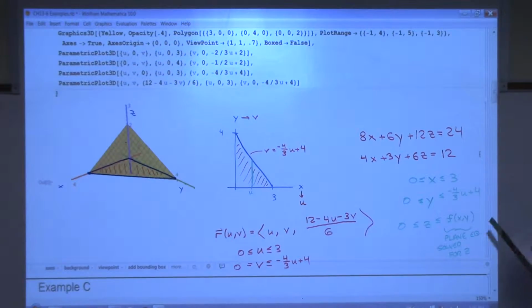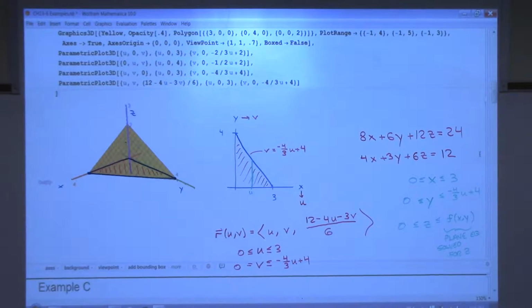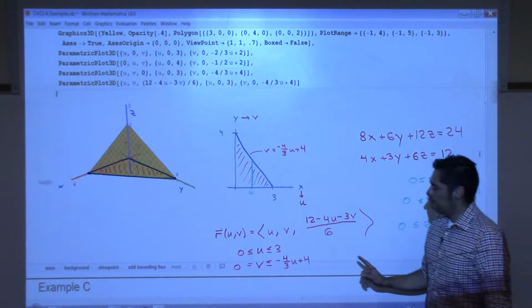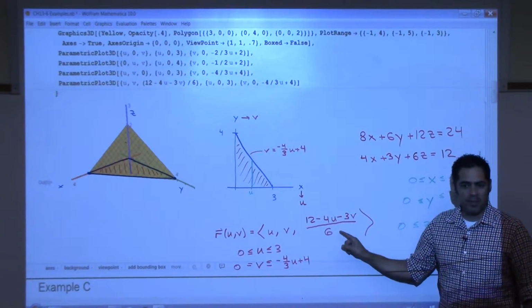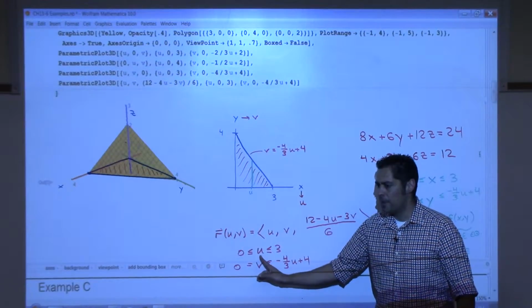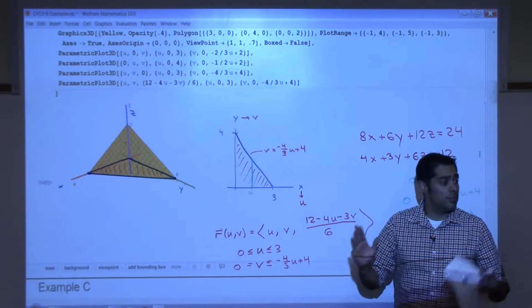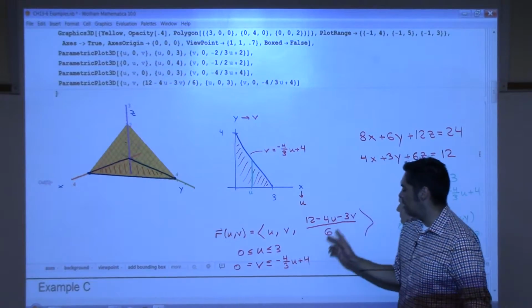And of course you could split that up and do 12 over 6 is 2 and then fractions. So what's really important for you to understand here is that this is only going to give you a single value for the z. Once you pick your u, your v's are stuck between two numbers now. And everything in between those two numbers is going to get plugged in here.